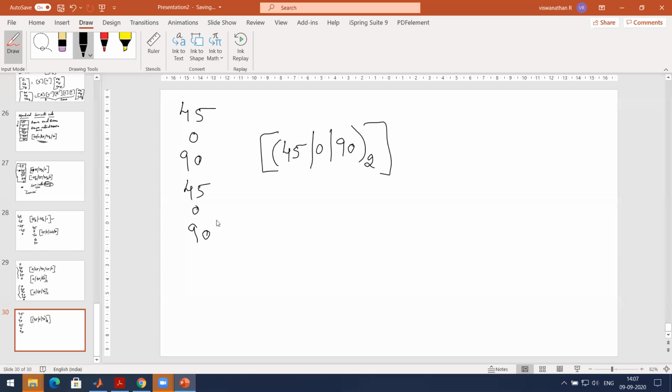So this is not symmetric. Is this symmetric? No, sir. It's not symmetric. This thing 45, 0, 90 is repeating, so instead of repeating only one or two layers, the whole thing is repeating. So put a simple bracket covering all those and then put a 2 here. This is how we represent this thing.